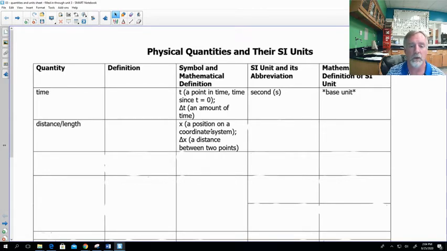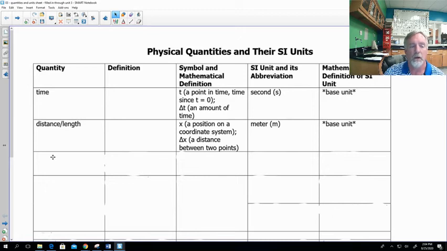Like what I was saying with delta t, our physics class ends at 1:25, it begins at 12:44, so we subtract those two times. Similarly, we do with delta x. Start on the left side of my desk, go to the right side of my desk. What's the distance between those two points? The SI unit is meters. That's our base unit.